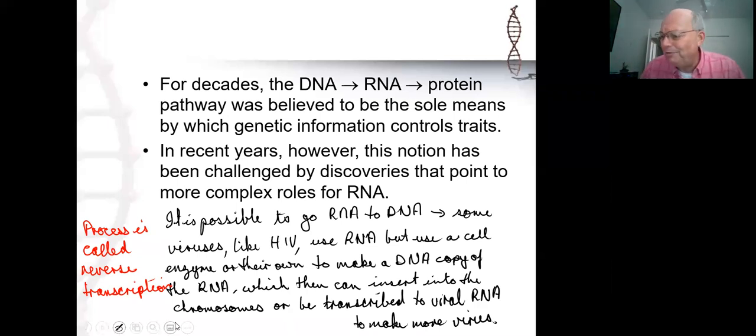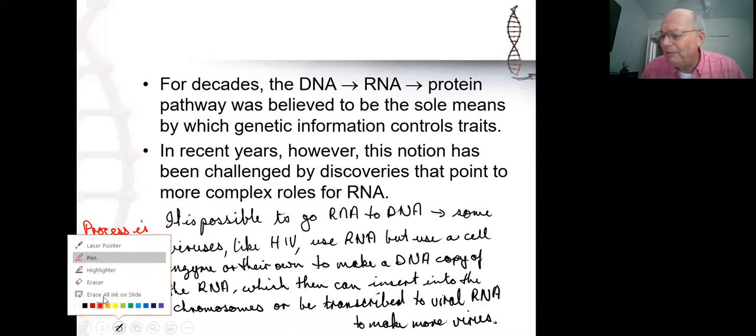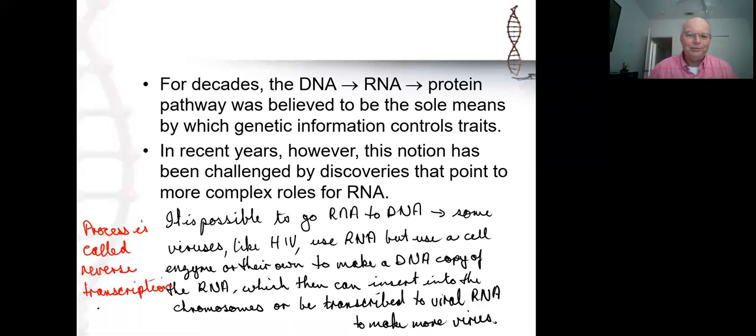So there are different ways of dealing with this, but all RNA viruses typically have a way of making DNA copies of themselves because it's a good way to either hang out inside a cell in a non-threatening way, which is what HIV does until it morphs back into its dangerous form.